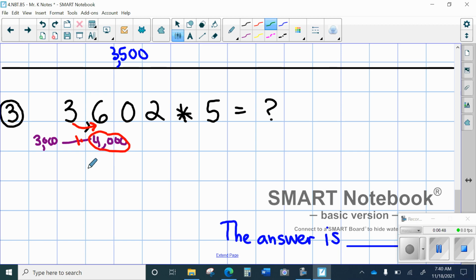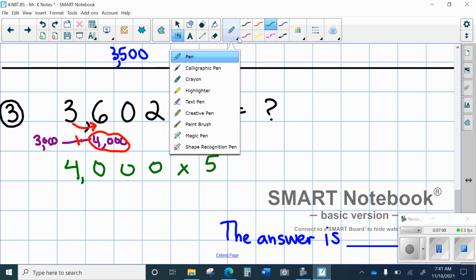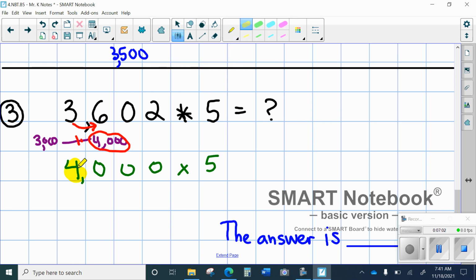Now I'm going to rewrite my problem. I'm going to write 4,000 times 5. And we're going to do exactly like we did before. We're going to break it down. We're going to start with the basic fact, 4 times 5. Let's write that. I'm going to group that. I'm going to put 4 times 5.